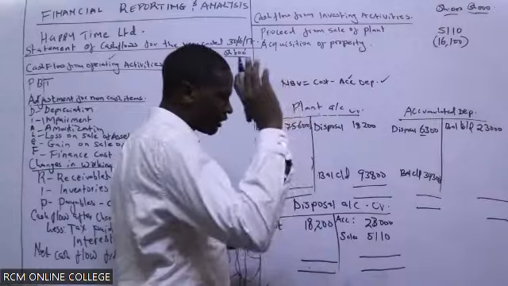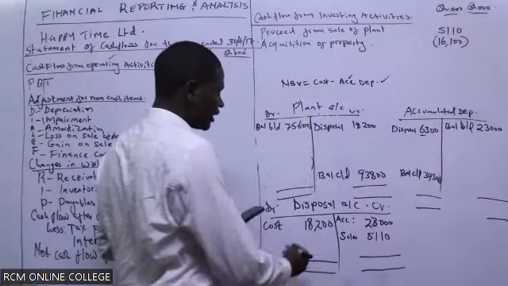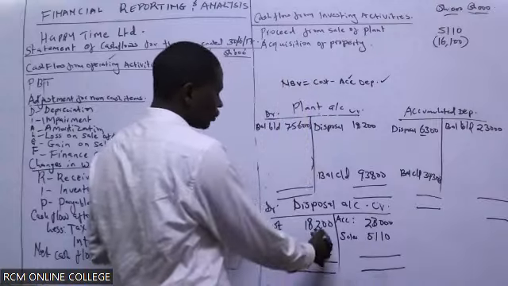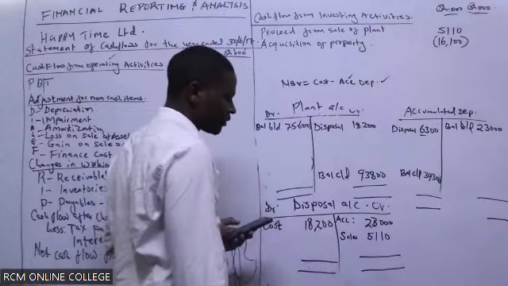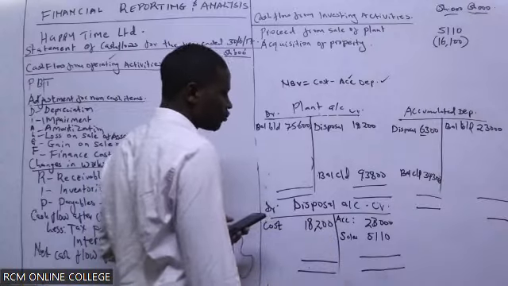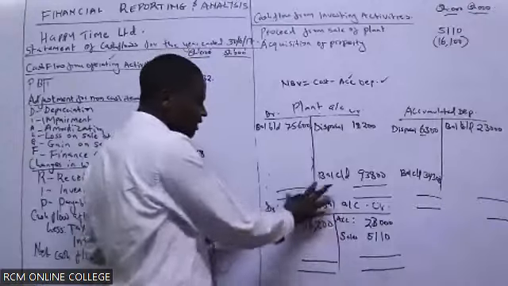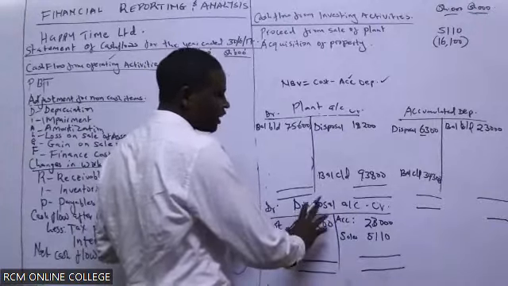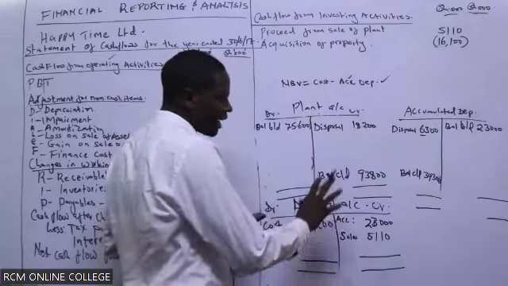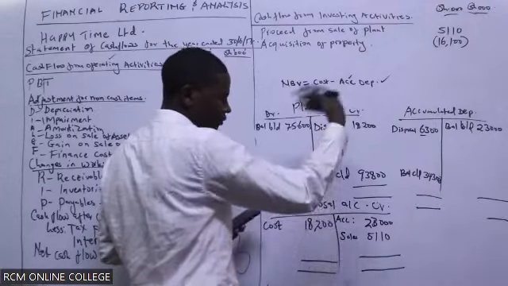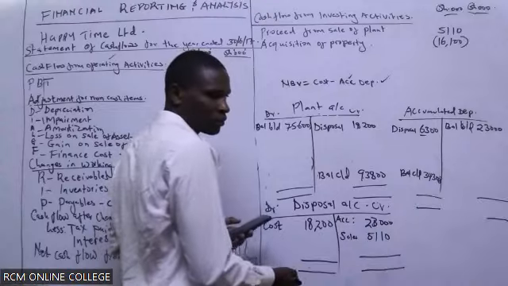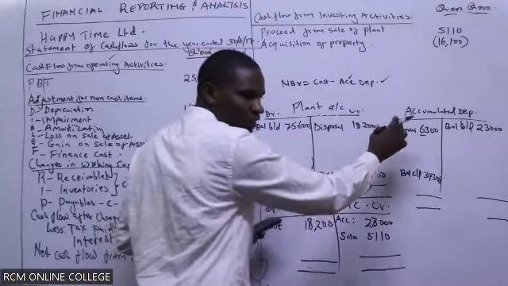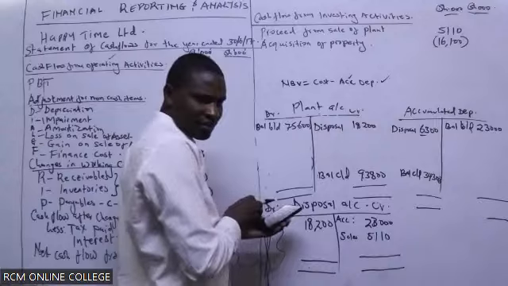Now go back to disposal. For the disposal account, our cost is 18,200. And remember, this disposal account must reflect the accumulated depreciation, not the one previously, but the one that we have, 9,910 for disposal.